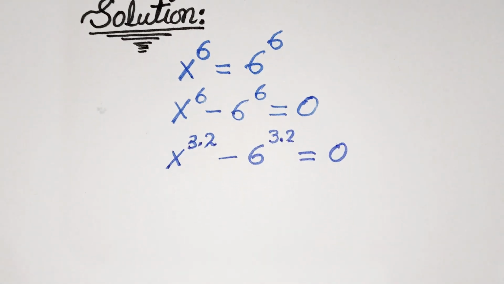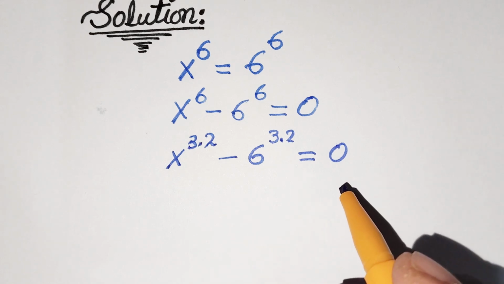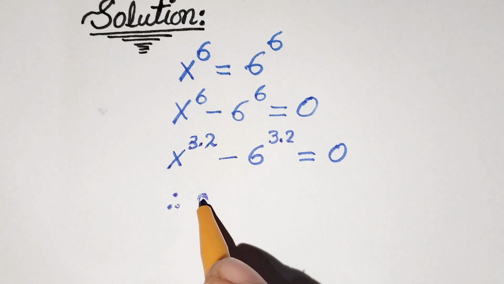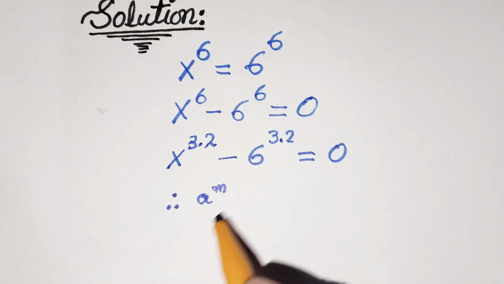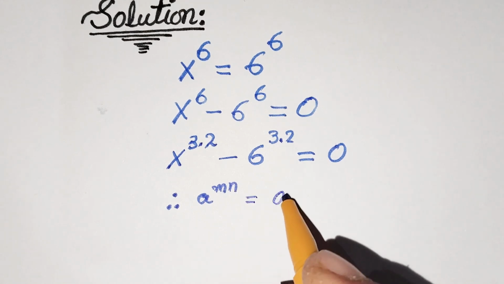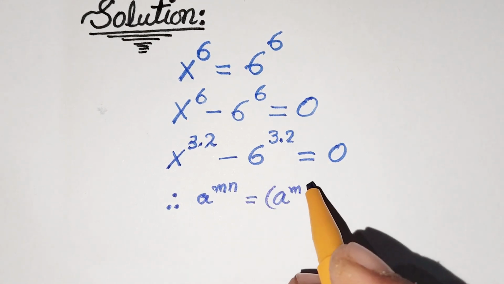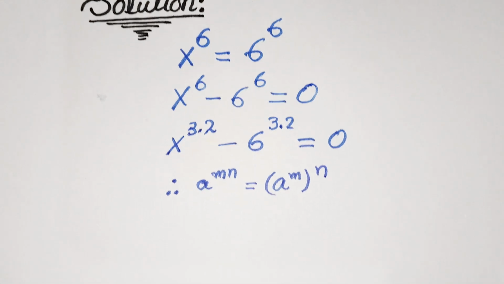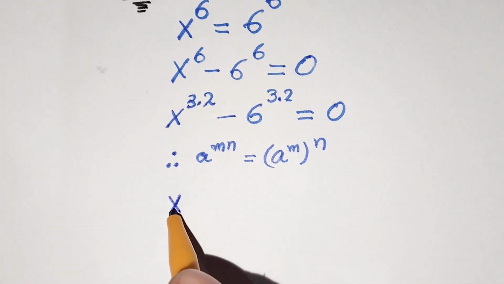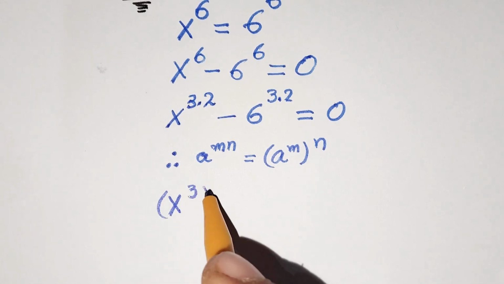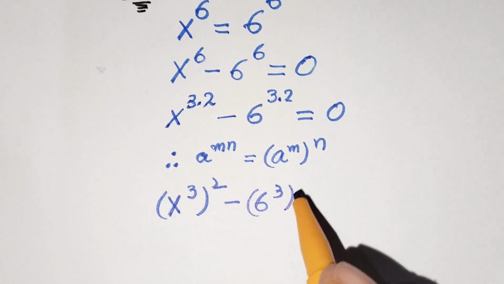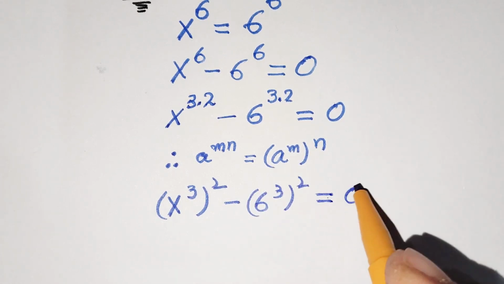Using the exponential law that a raised to the power m times n can be written as a raised to the power m, whole power n, we can write x^(3 times 2) as (x^3) whole square minus (6^3) whole square, which is equal to 0.